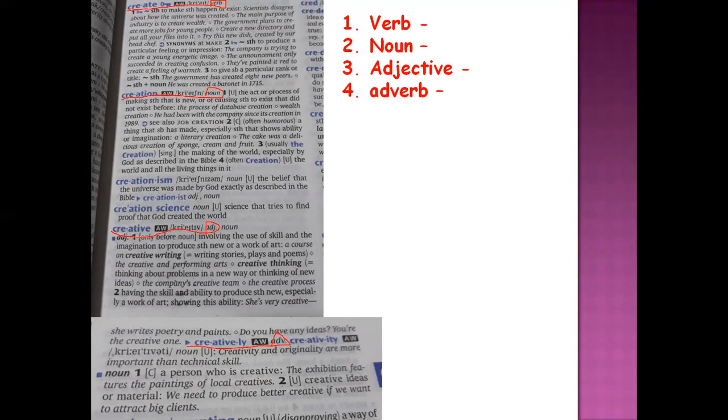Okay, children, back to our lesson. Now, here I have given a part of the page. In this page, you are going to find out a verb, a noun, an adjective, and an adverb. Now, look at this one. Normally, in a dictionary, especially the Oxford Dictionary, first the word is given, and after that symbols.